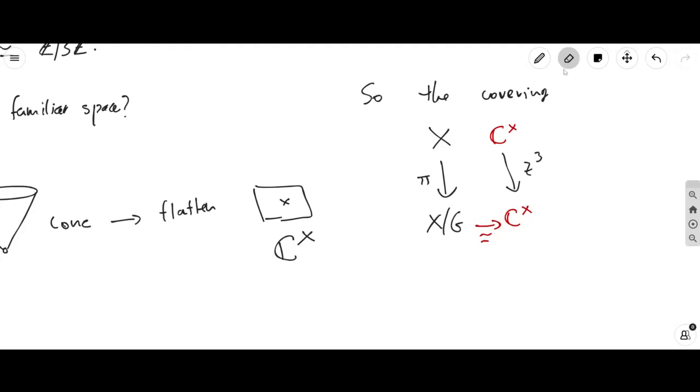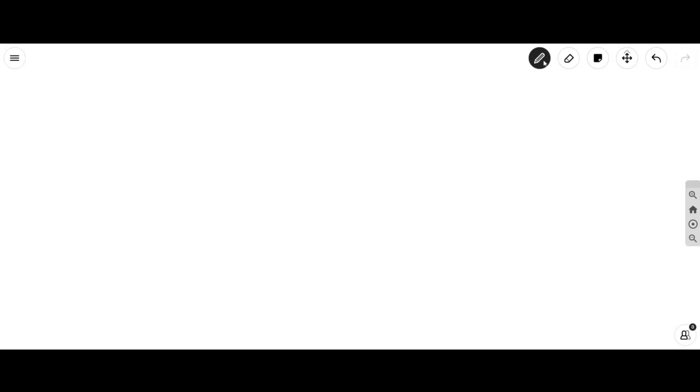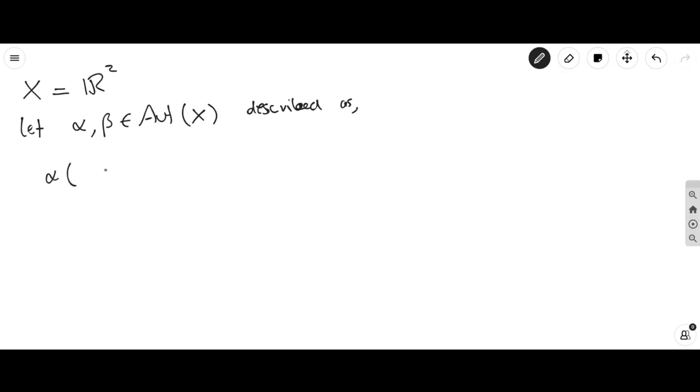But let's give ourselves a new example. In this example, we're going to let X be the plane, and we're going to let alpha and beta be automorphisms of X, described as follows.